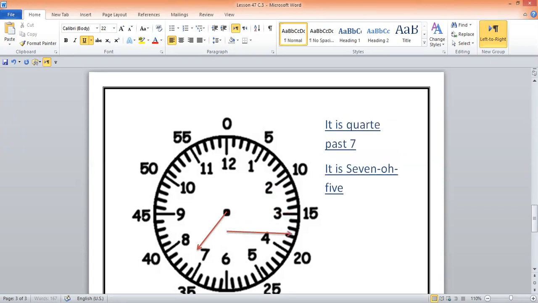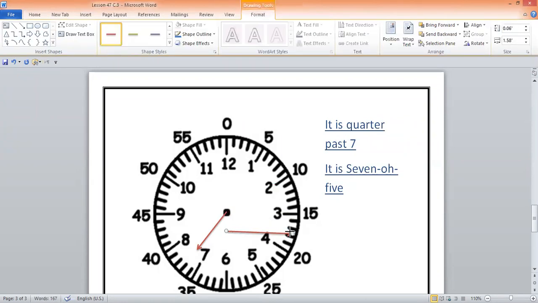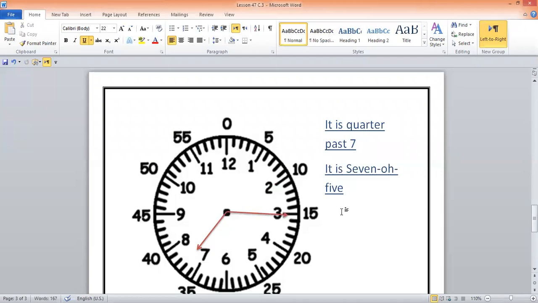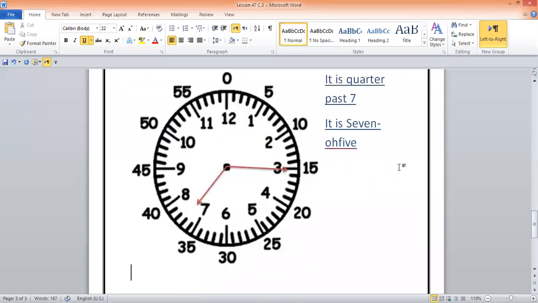It is quarter past 7. Or you will say it is 7:15.